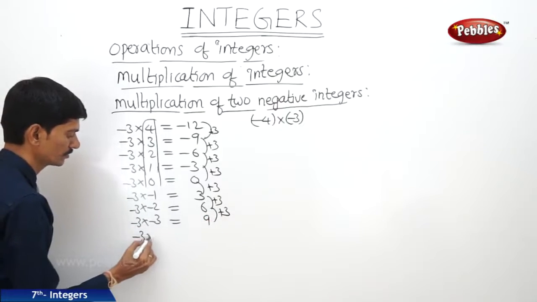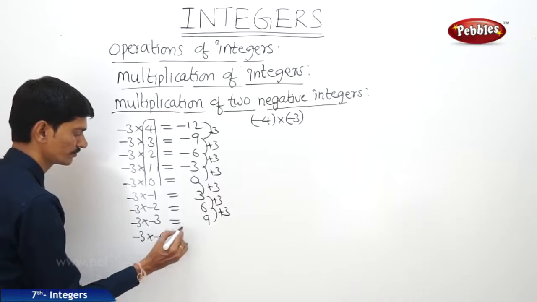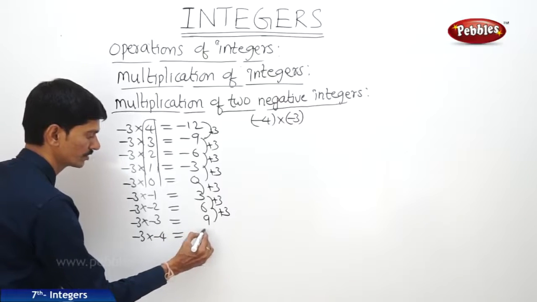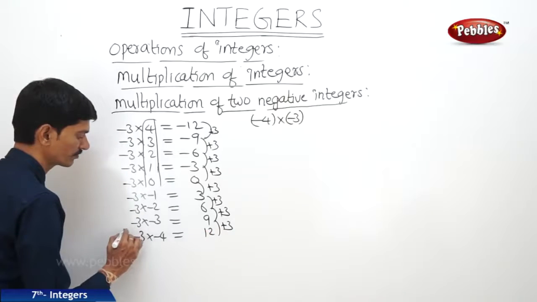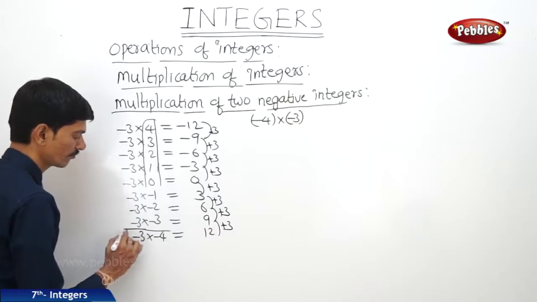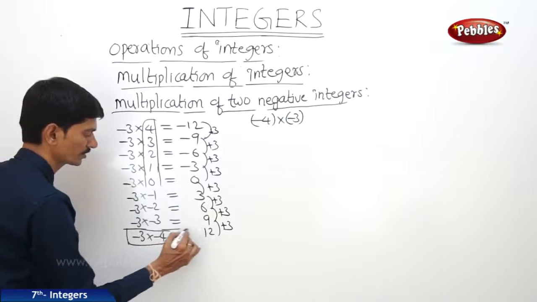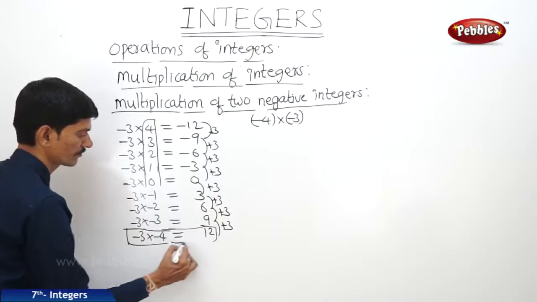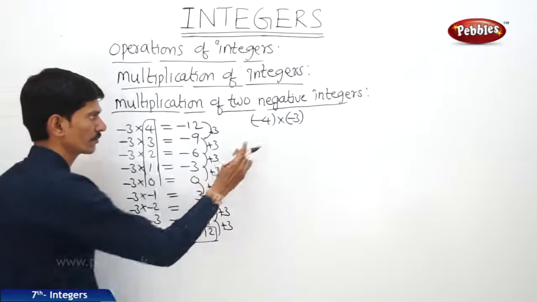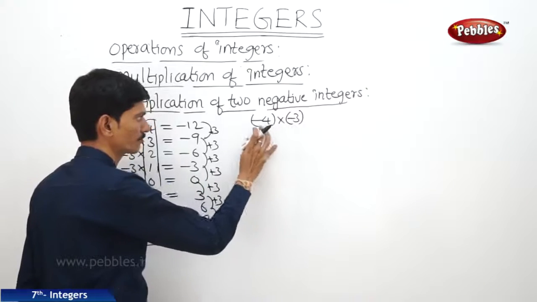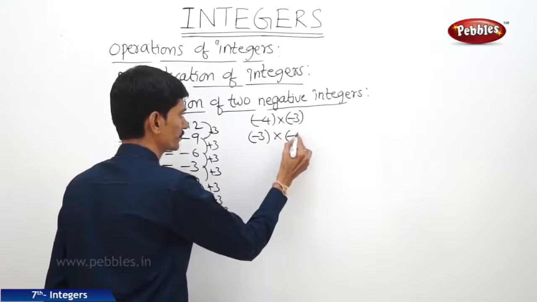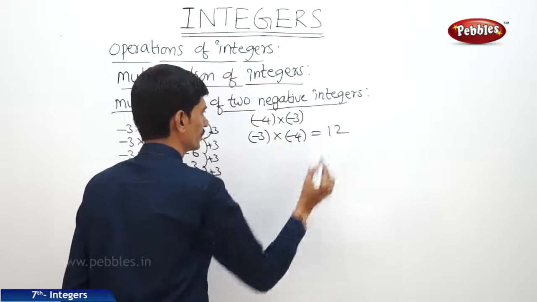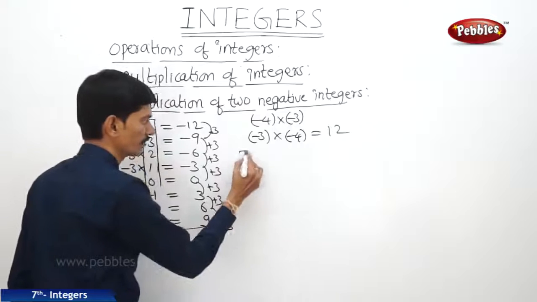Then minus 3 into minus 4 equals 9 plus 3, which is 12. So the product of the two negative integers minus 3 and minus 4 is plus 12. So the product of minus 4 and minus 3 equals 12.